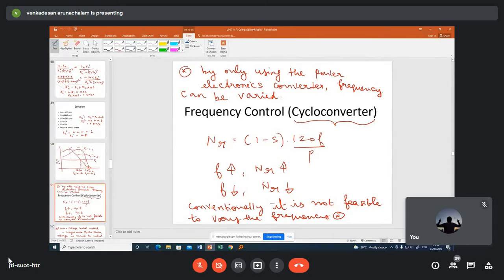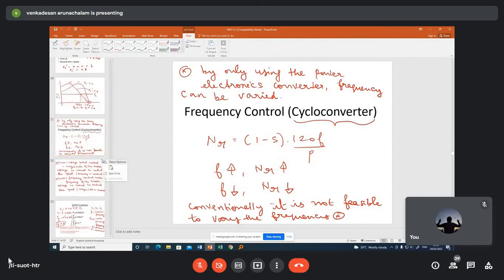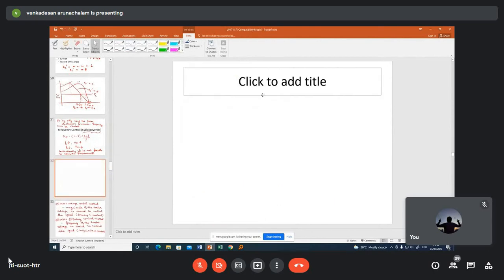Now, by keeping the magnitude of the voltage constant, if you vary the frequency, how will that reflect in the torque slip characteristic? That we have to see now. So for the torque slip characteristic for varying frequency, actually, you can derive the torque equation in terms of stator frequency, but the derivation is not very important.